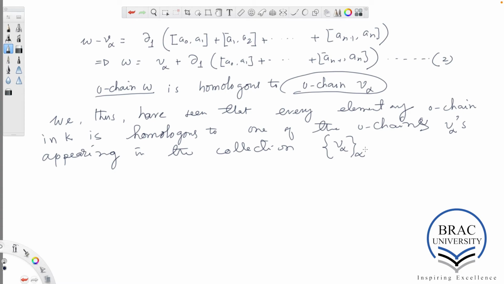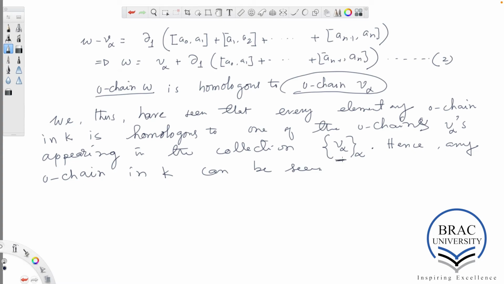Hence any zero chain in K can be seen, because we pick up the elementary zero chains of the complex K, and we have seen that these are homologous to one of the zero chains appearing in the collection.